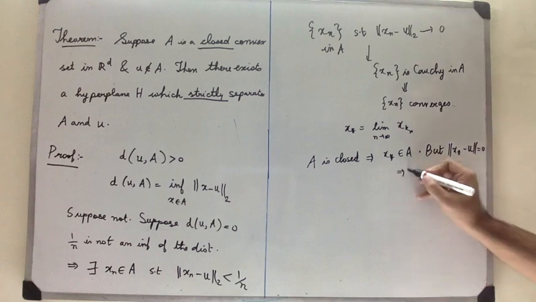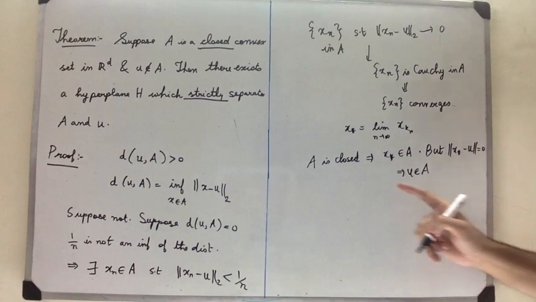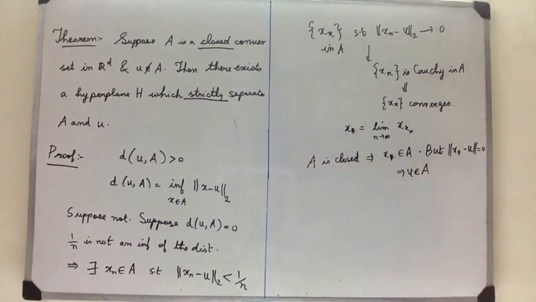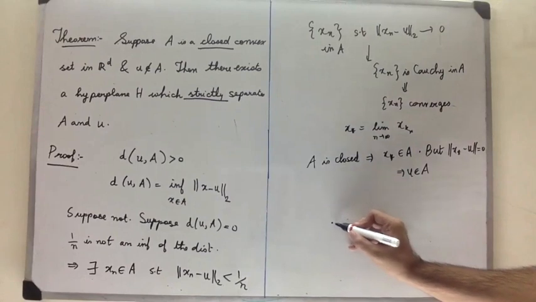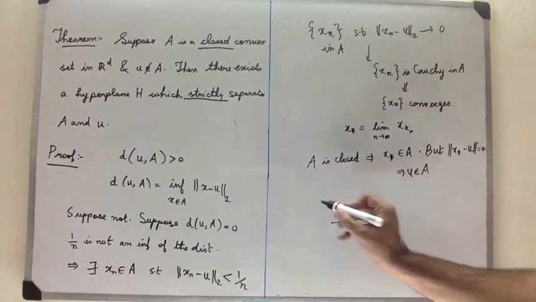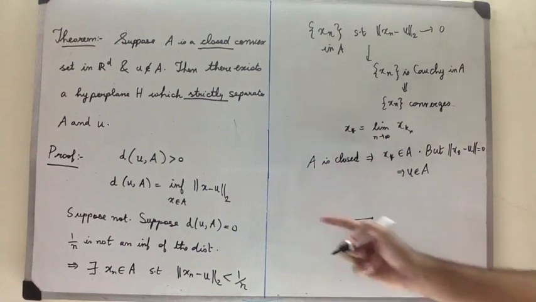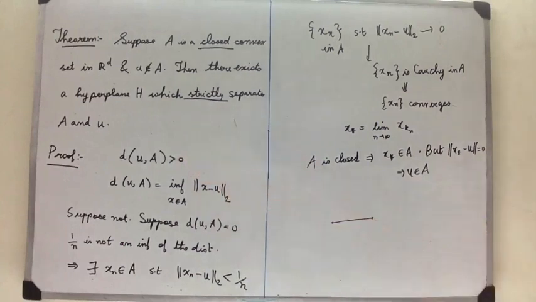This implies u is an element of A, which is not possible because we have assumed that u is not in A. Then let epsilon be d(u, A).